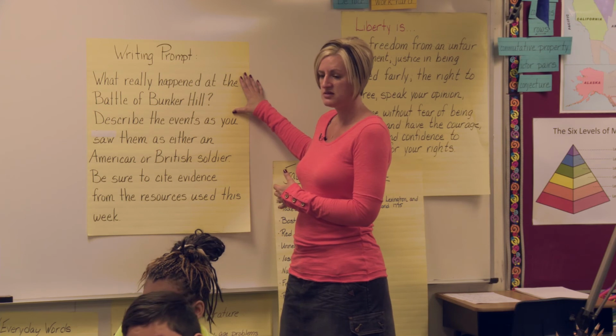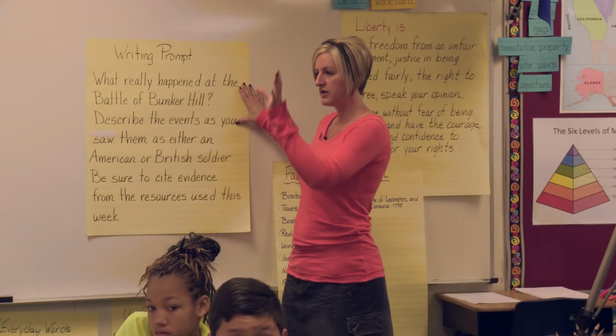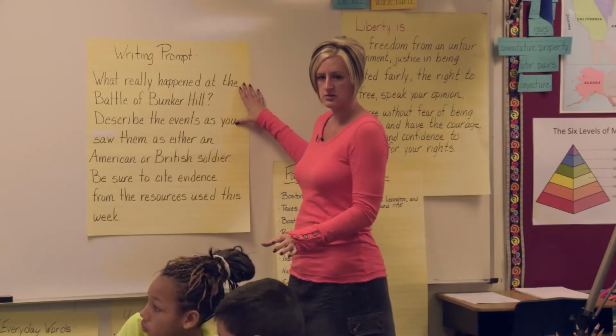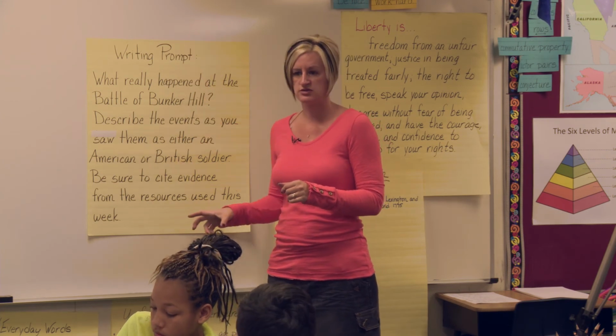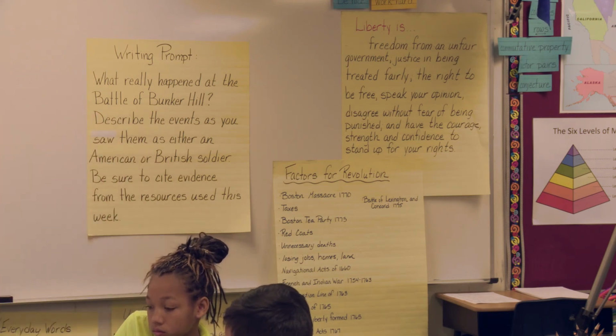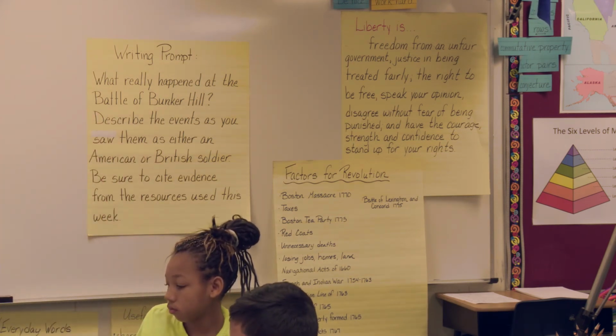Think about the events. Think about all the things that you have read. Make your T-chart. If I was an American soldier, these are the things that happened. If I was a British soldier, these are the things that happened. Make sense? Yeah? Okay. I'll get you paper. Make a little space for you to write.